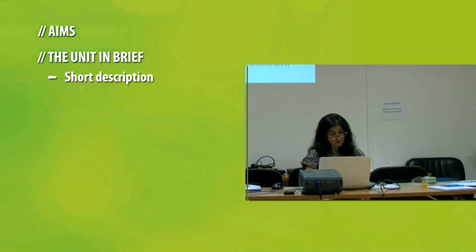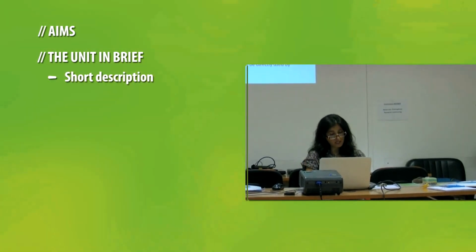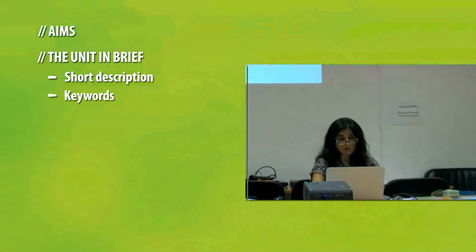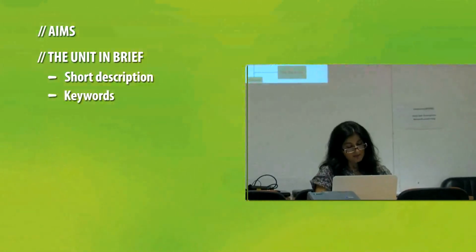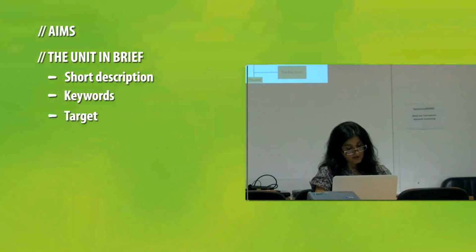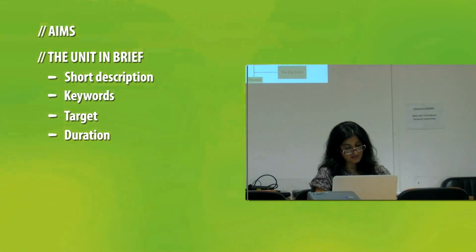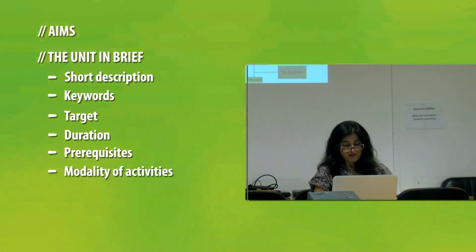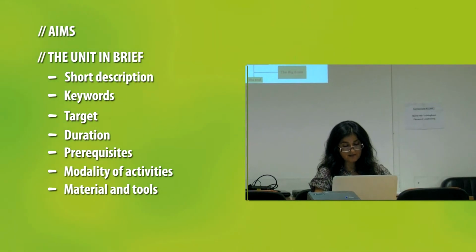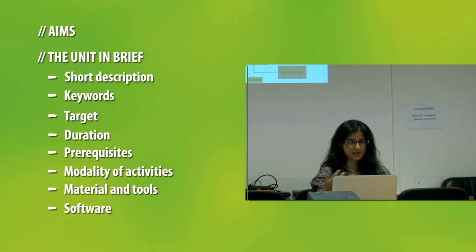You have a short description of the activity, some keywords, the target, the duration of each activity included in the unit, the prerequisites, the modality of activities, materials and tools provided in the guide, and the software that you need in order to carry out the activity.